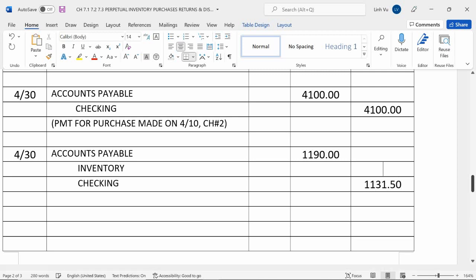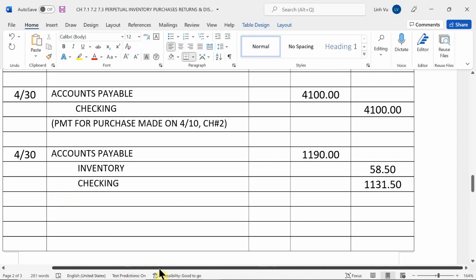$1,131.50. Good. So that means how much are you going to discount? $58.50. Good. So you could do it this way, or you could take your 1,170 times 5%, get your discount of 58.50, and then solve for how much you're actually going to pay. So in this case, I may owe 1,190, but because they gave me a discount, I'm only going to pay 1,131.50.